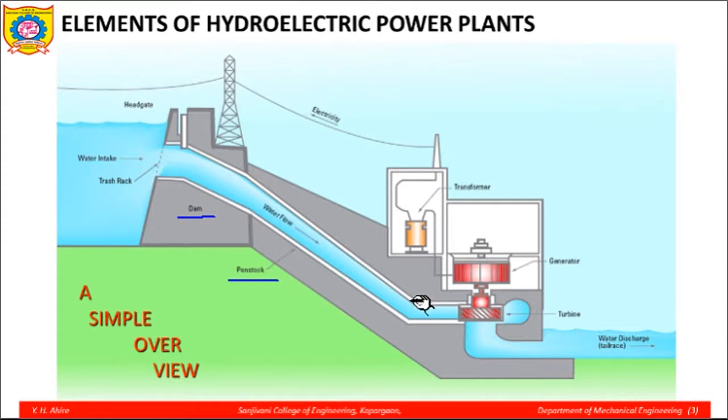So the penstock carries water from the reservoir up to the turbine where it is used to drive the turbine, right. After transferring the energy to the turbine, the water is discharged to the tail race side. The discharge side of water of a turbine is called tail race level, and this is known as head race level here in the dam. Head race, tail race. Okay.